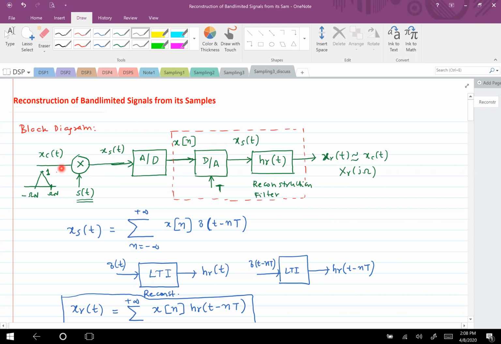Now, the moment you multiply with an impulse train, in the Fourier domain this is equivalent to convolving the spectrum with another impulse train.